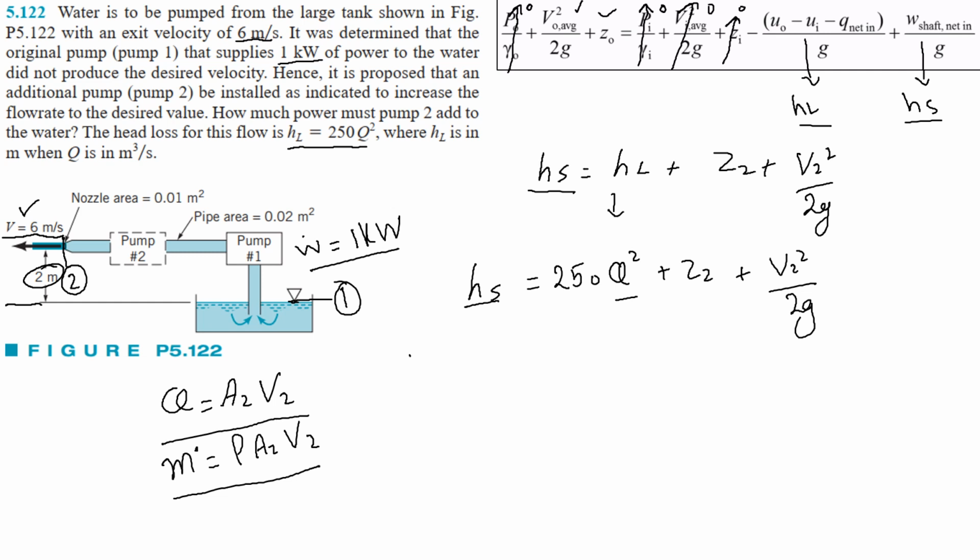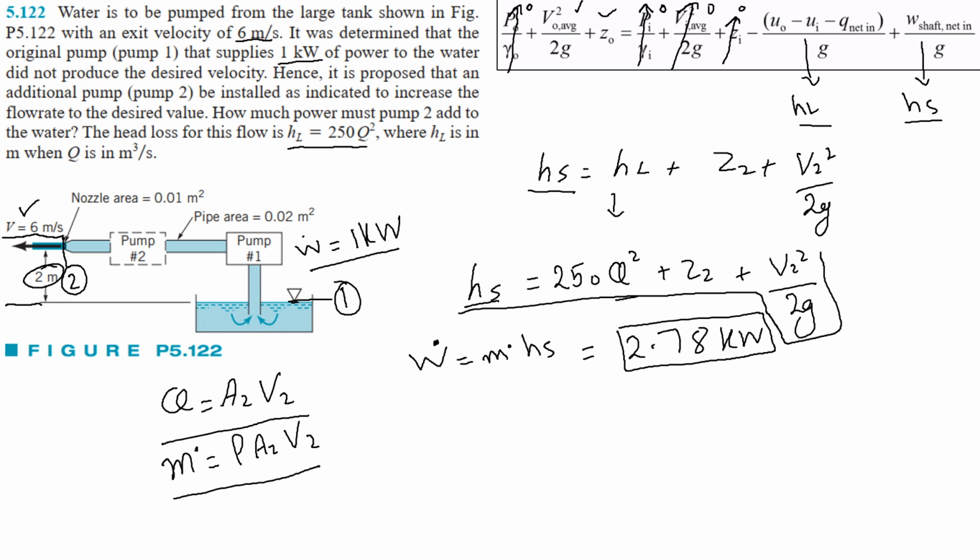Then our pump power will be m dot hs. When we solve this equation and multiply by our mass flow rate m dot, the power comes out to be 2.78 kilowatt. So W dot is equal to 2.78 kilowatt.